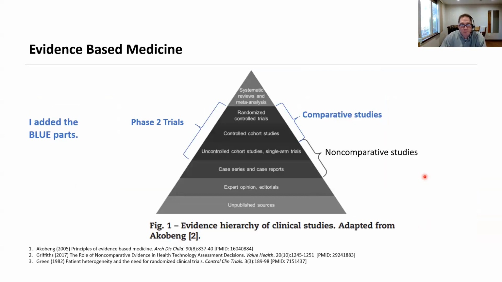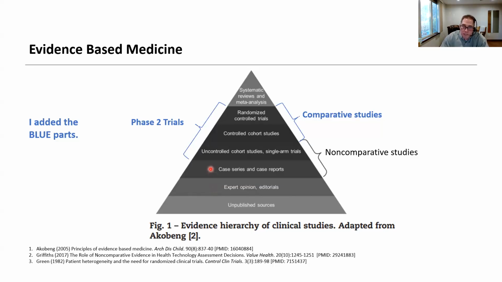Dr. Lamont also talked about levels of evidence, an evidence-based medicine paradigm for thinking about the value or quality of information in a clinical trial. On the bottom here, we've got unpublished sources, expert opinions and editorials, case series and case report studies.